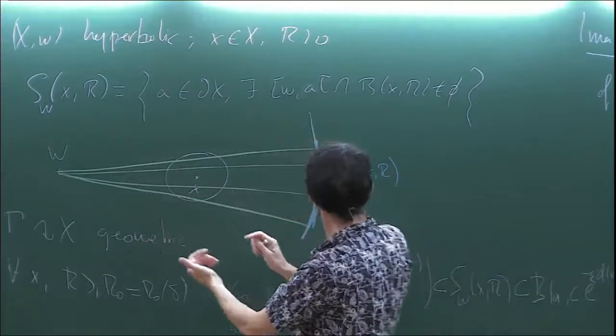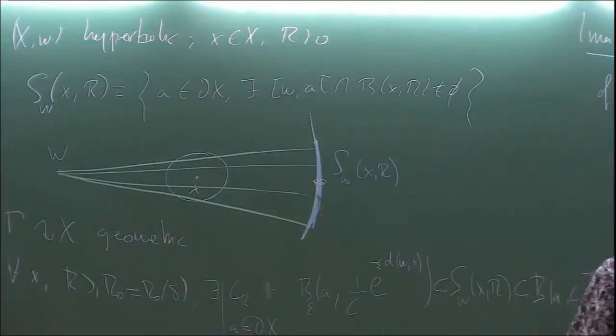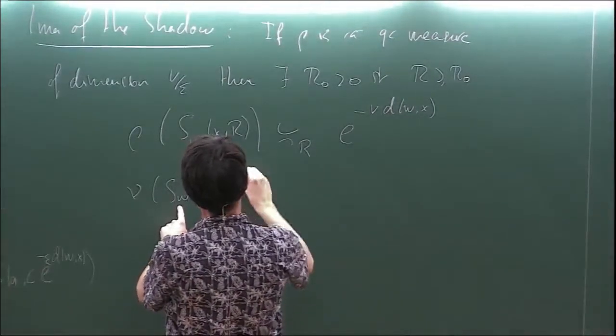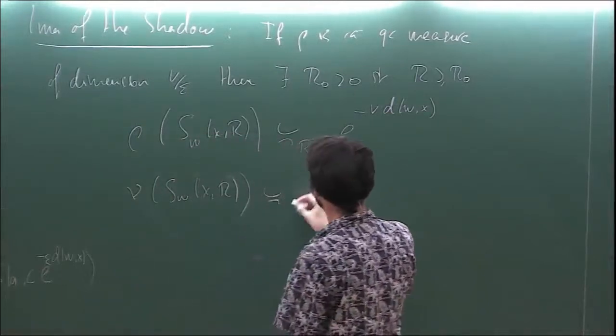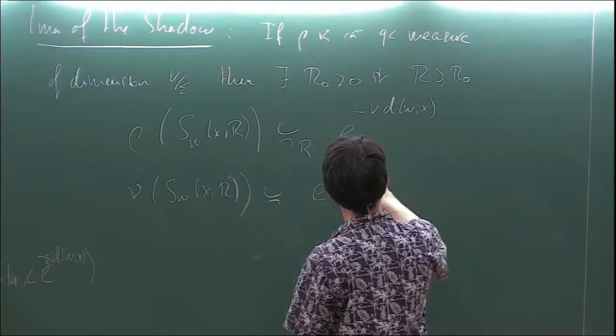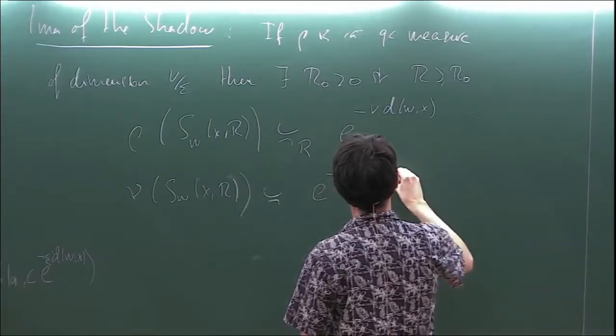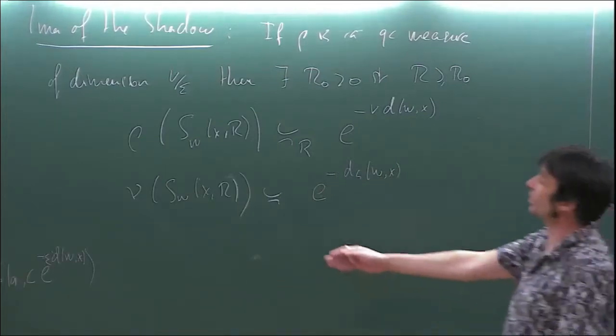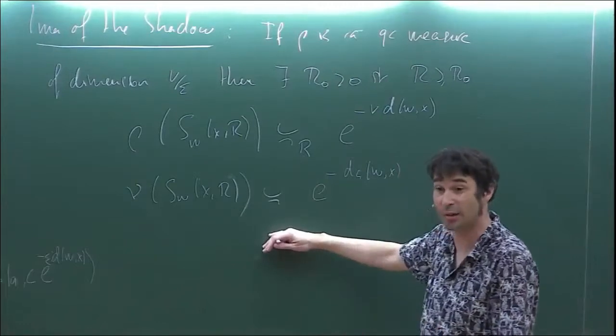And so what I get is that the harmonic measure of the shadow seen from W will be equivalent to e to the minus the Green distance from W to X. So exactly the same shadow, and I have the same estimates once I fix R big enough.